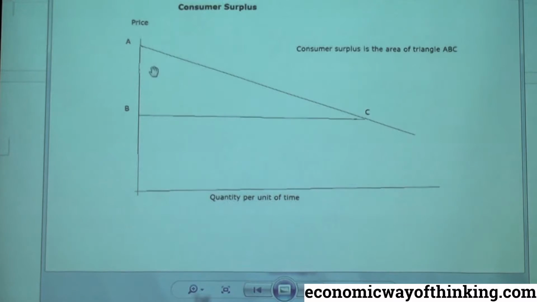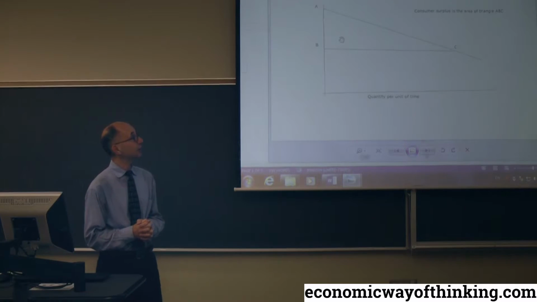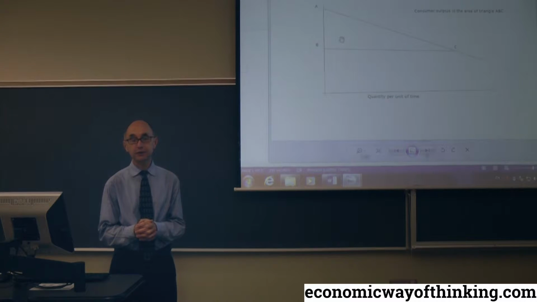So that area is called consumer surplus. So geometrically, it confirms the idea that we discussed in chapter 1, that every individual in the marketplace behaves in this self-interested fashion.